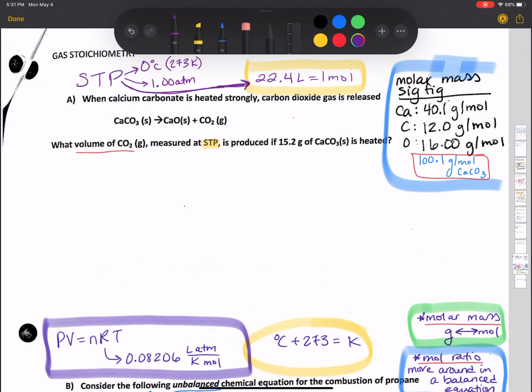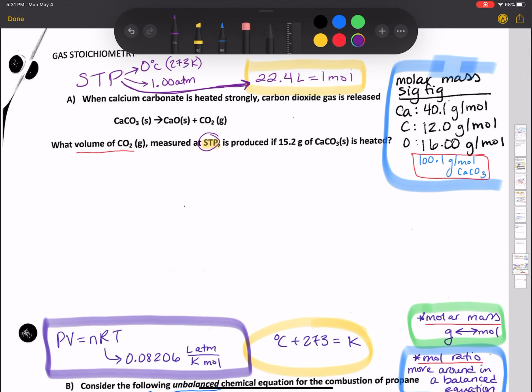So if in a question you're told, or in a balanced equation you know, that you have 1 mole of oxygen, that automatically means that you have 22.4 liters of oxygen. I'm just using oxygen as a specific example. You just want to understand that 1 mole of anything will always equal 22.4 liters, but only when STP is stated in the problem. So let's look at question A.